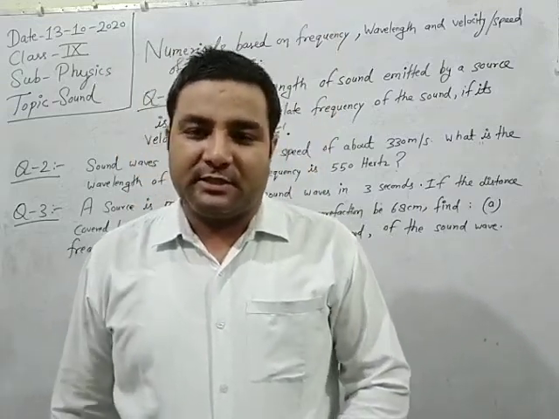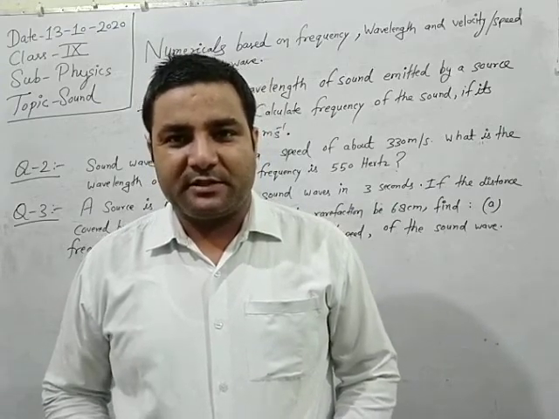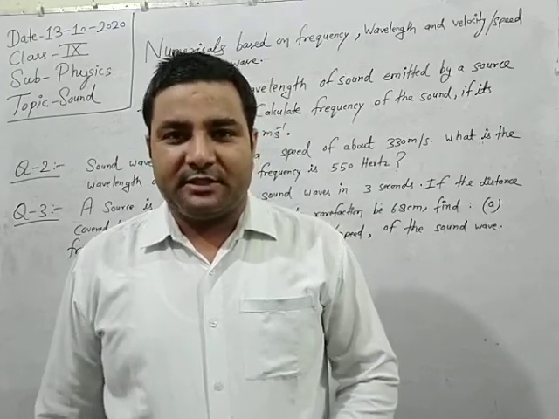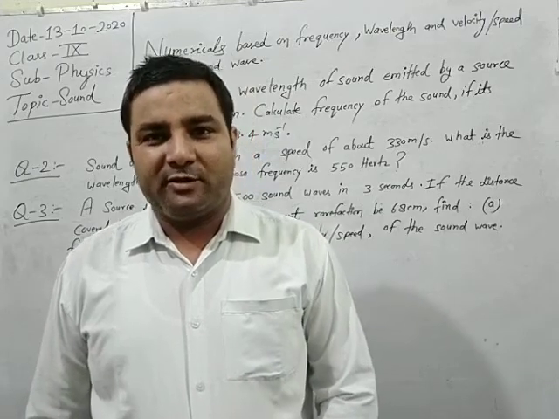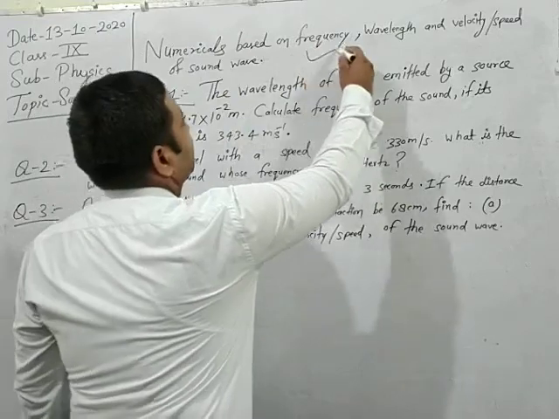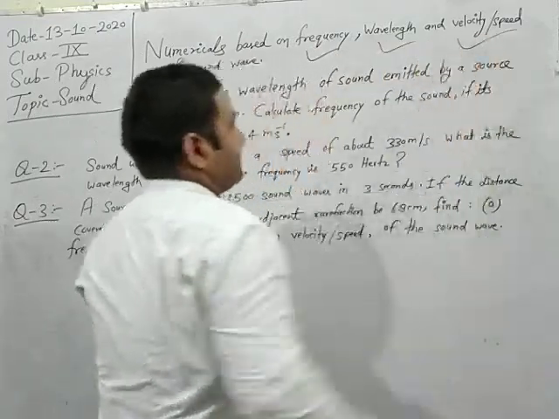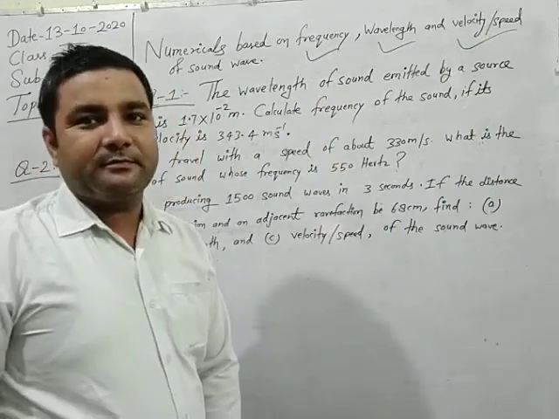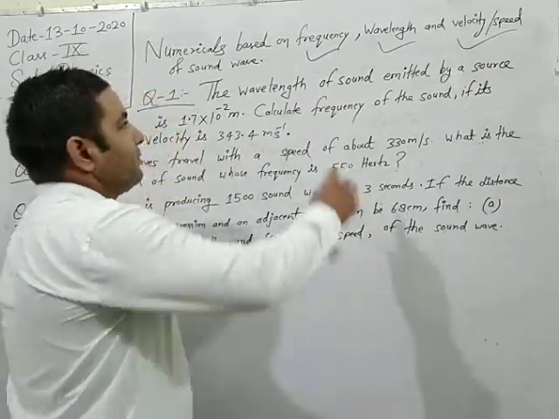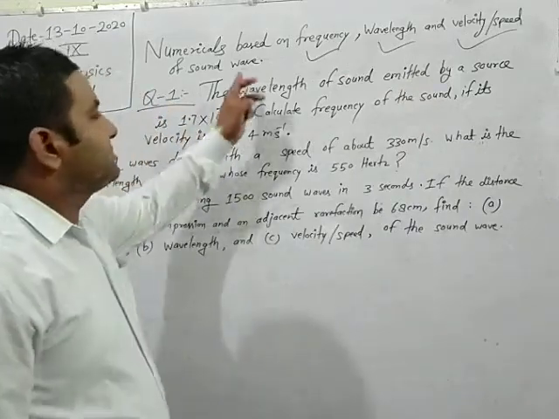This is the fourth lecture related to class 9 physics, fifth chapter, that is sound. In this lecture, today we will solve some important numericals based on frequency, wavelength and velocity. I will say speed, frequency, wavelength and velocity of sound wave.